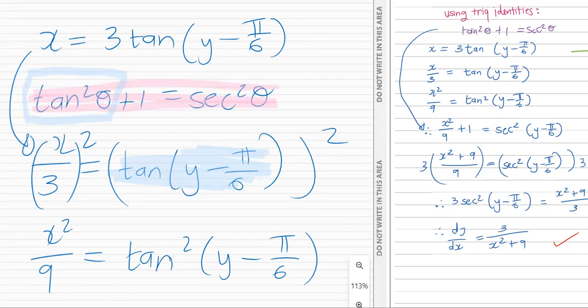Just to rearrange this slightly, sec squared theta minus 1 is equal to tan squared theta. Again, if you looked at the previous question, we're aiming to make it look like dx/dy. If you worked it out, dx/dy becomes this.